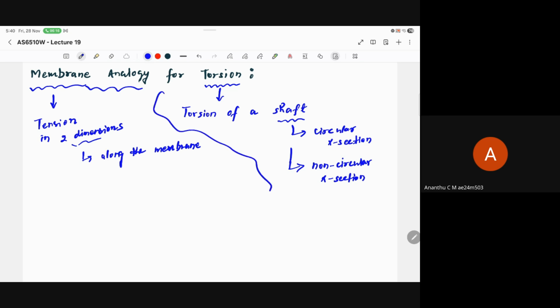First thing we have to discuss, like I mentioned, is that an analogy is established when you have similar governing equations, right?